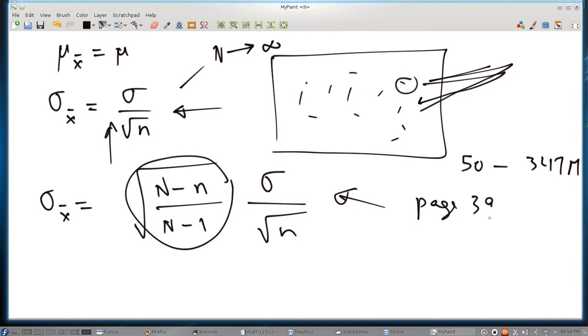Now, don't worry. For most of the problems that we deal with, we will not be considering a finite population size or a small population. We will deal with a huge population. Obviously, if you have a small population that you can manage to collect entirely, why try to sample it?